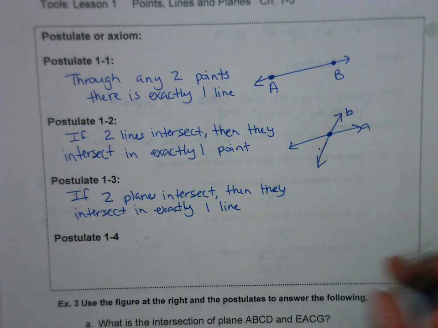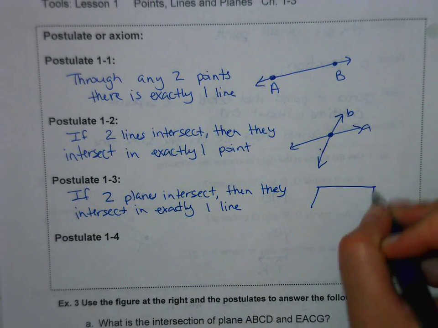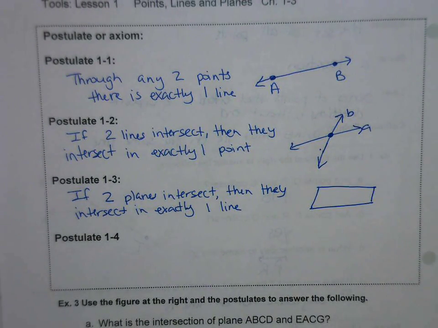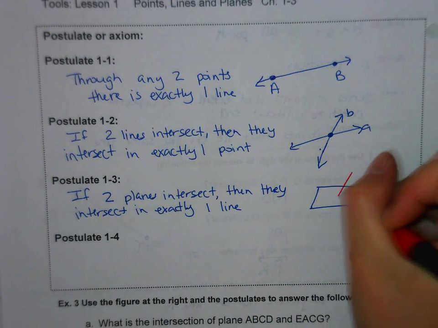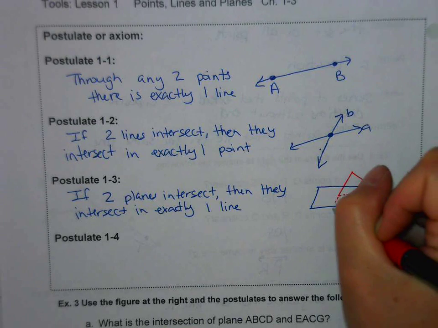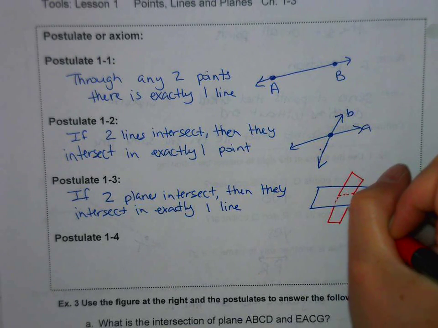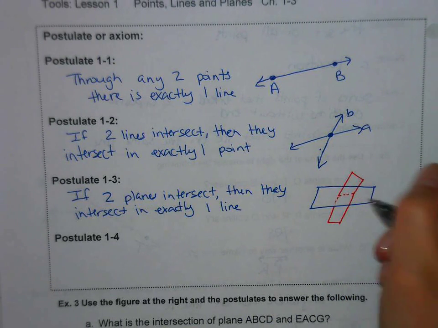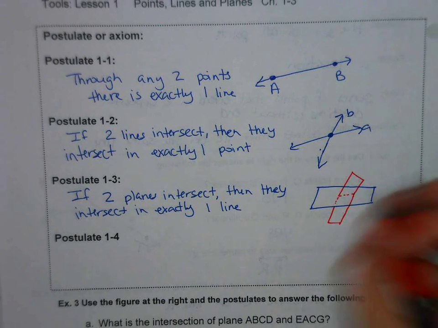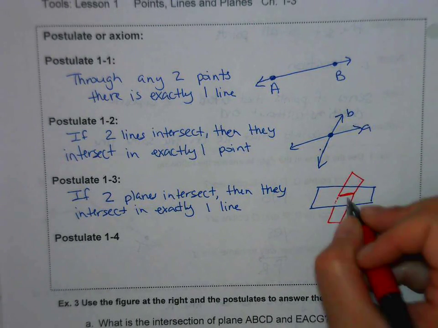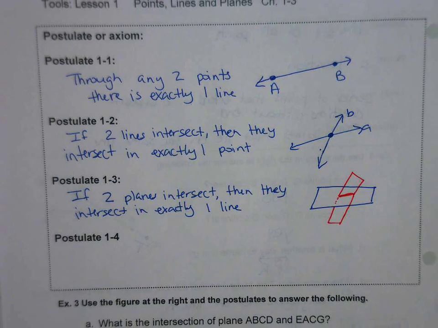So let's take a look. For instance, we have our plane here. We have a second plane that's coming down and cutting through that plane. This line right here is where they intersect.